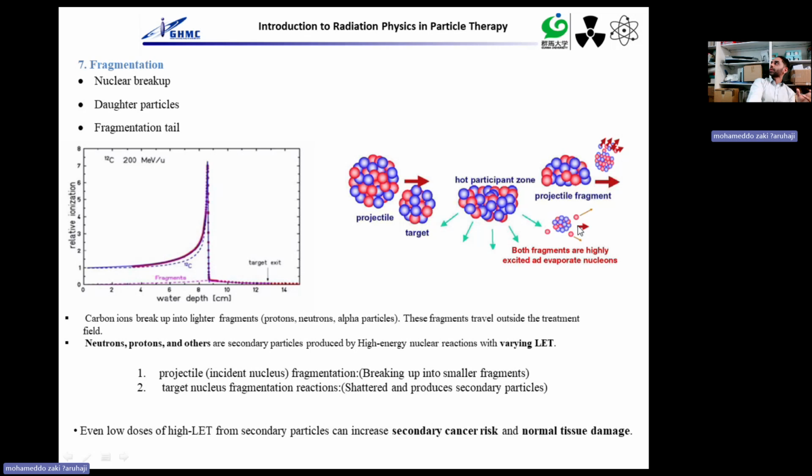These lighter fragments travel a very long path, so they will make it further than the treatment region. Because they are lighter, they can travel further, so they will pass through the desired area with some kind of LET.